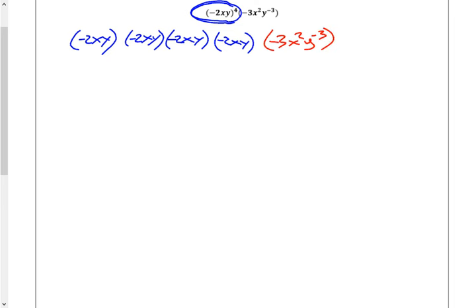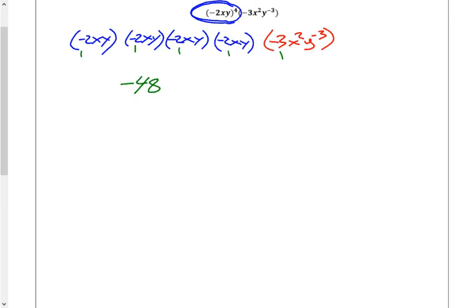Now, to multiply exponents, we multiply normally the coefficients. Negative 2, like all that. So I'm going to get 16 times another negative 3, negative 48.